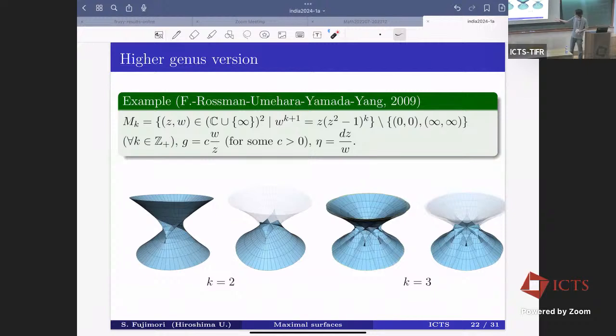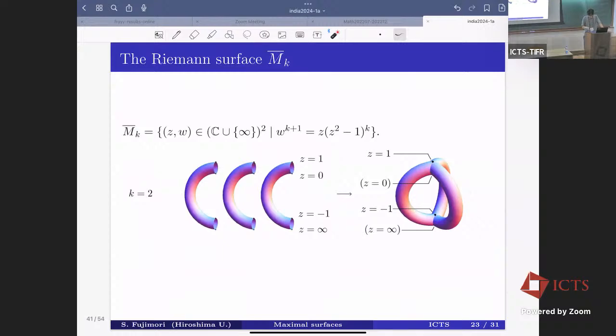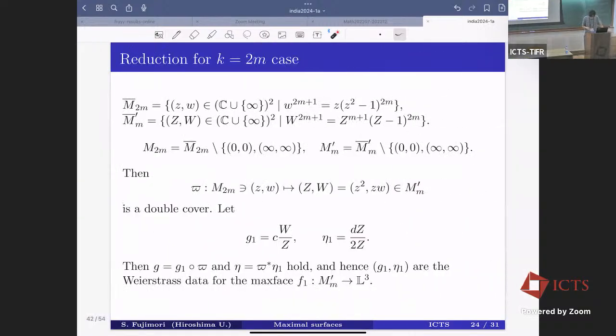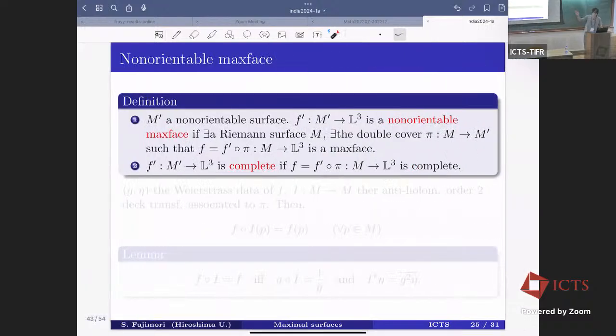But in the genus 4 case, we can consider the surface as a double cover of a maximal surface of genus 2. So in this way, we have two families of maximal surfaces of positive genus with two ends.